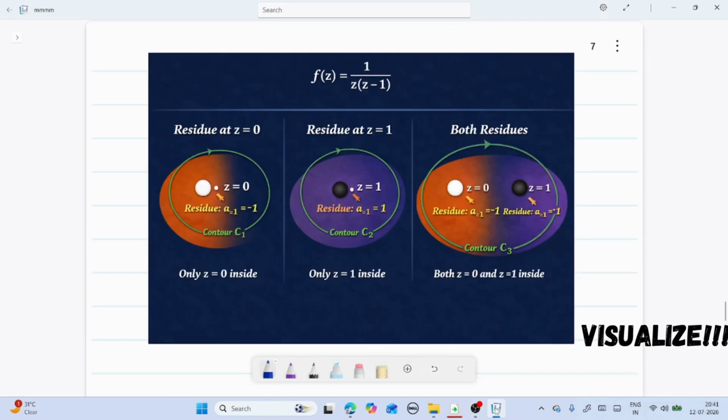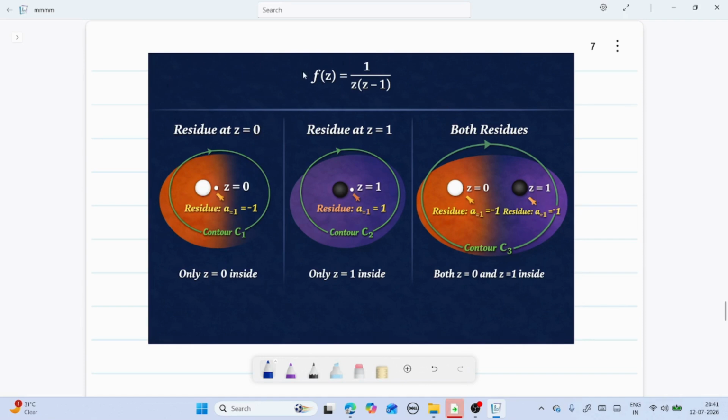Let us quickly visualize this function in this picture. You can just see there are 3 closed curves given here, C1, C2, C3 for the same function. Now this curve C1 includes the singular point z equal to 0, whereas this closed curve C2 for the same function includes the singular point z equal to 1. And this is a closed curve C3 which includes both z equal to 0 and z equal to 1.